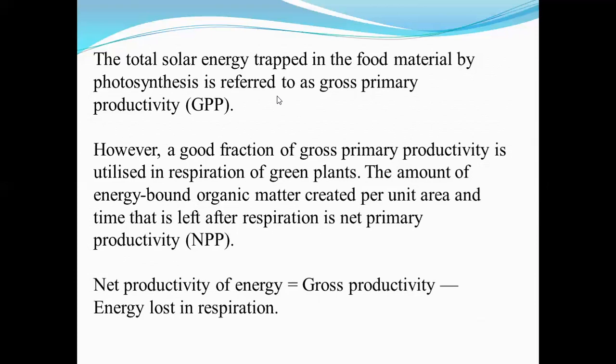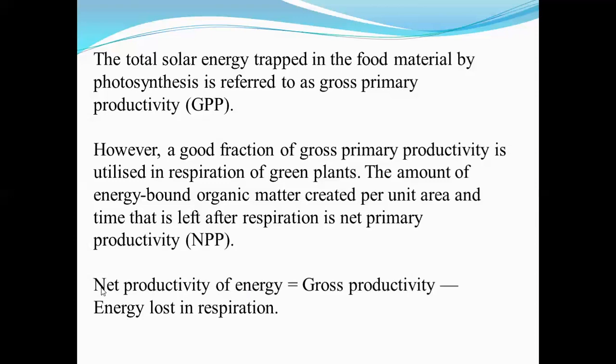If you have to derive a formula for this, net productivity of energy, NPP, is equal to gross productivity, GPP, minus energy lost in respiration. This formula tells us that if we know the amount of food lost in respiration and the gross productivity, we can derive net productivity.